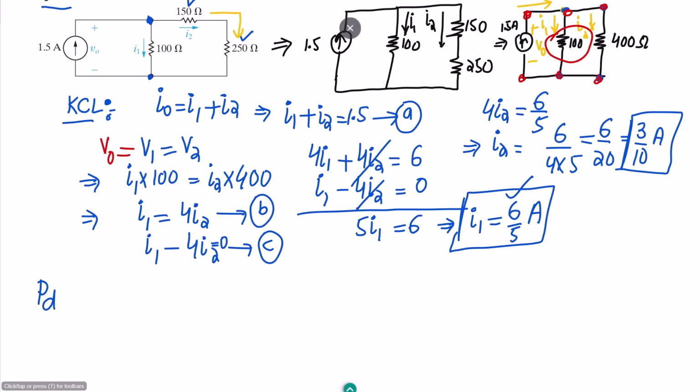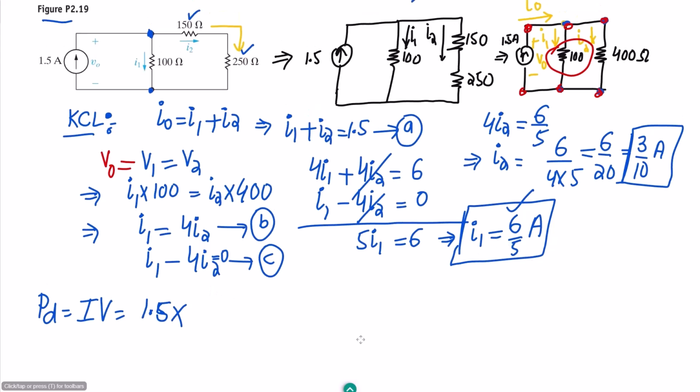The power developed is across the source, so applying P equal to IV, the value of I is known, that is 1.5, and the value of voltage, V naught, is also known, 120. Multiplying, we get 180 watts.